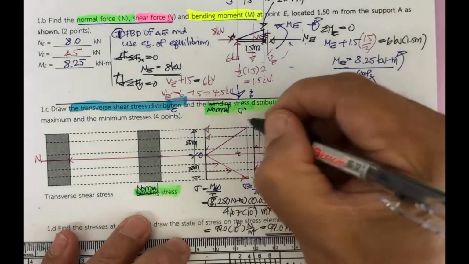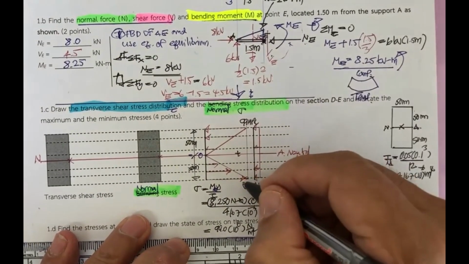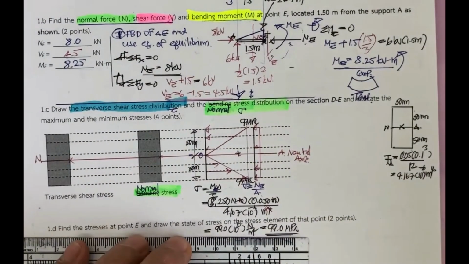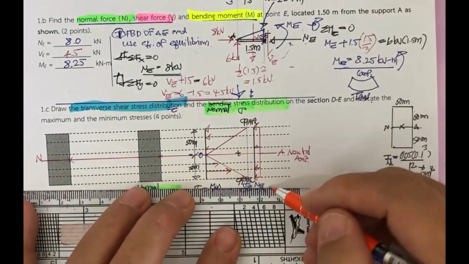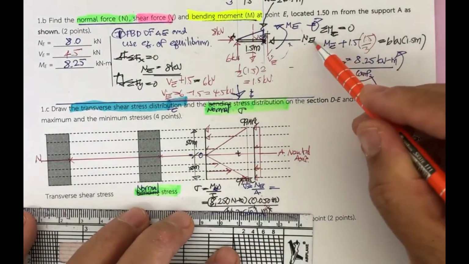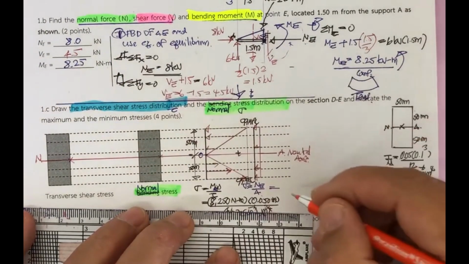So that is going to be 99 megapascal. This one also 99 megapascal. And then we come to the axial stress. That's due to the N sub E. Okay, N sub E is what? N sub E is 8,000 Newton.